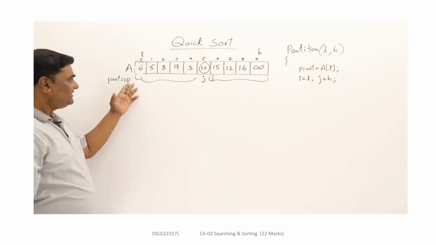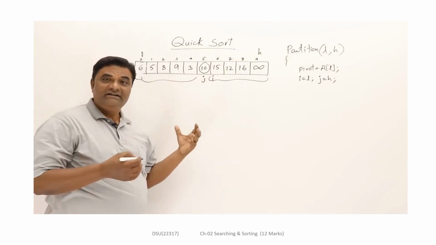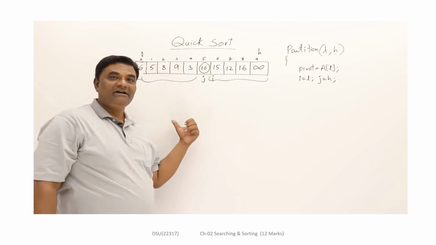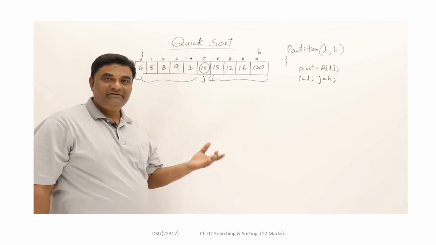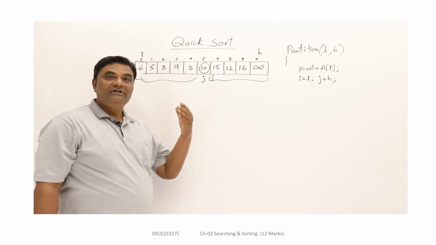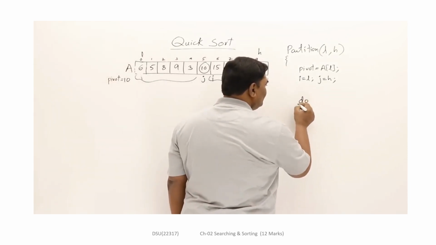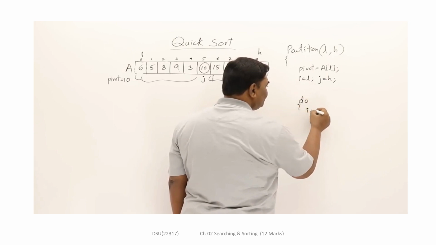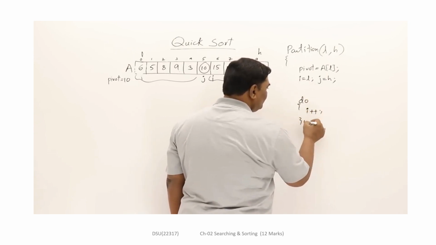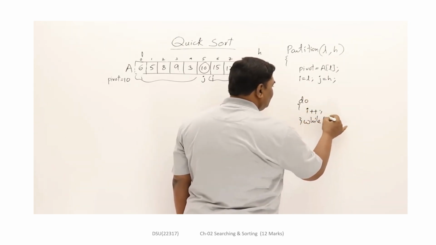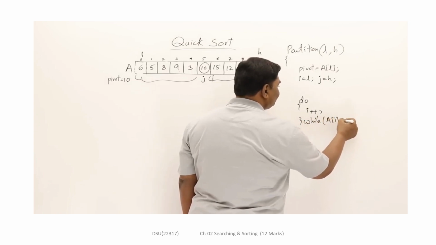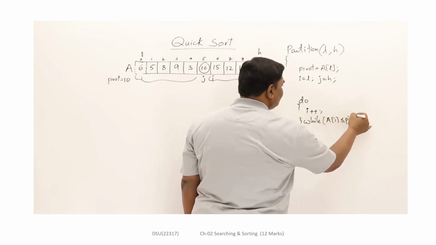Then what we did with I was incrementing until it finds an element greater than pivot. So it was incrementing if the element is smaller than or equal to pivot. Do I plus plus while A of I is less than or equal to pivot.